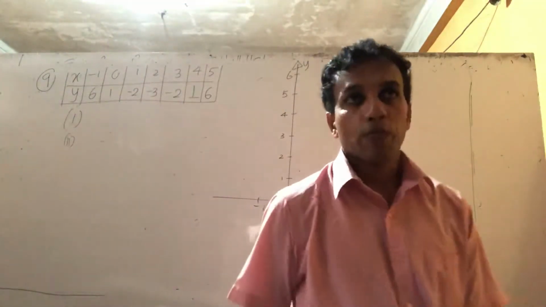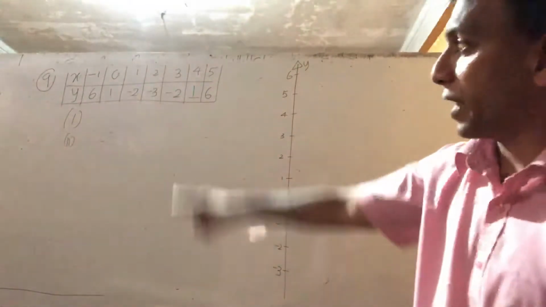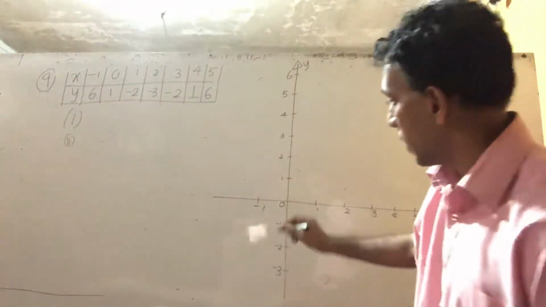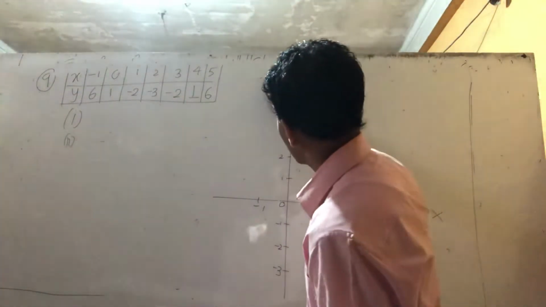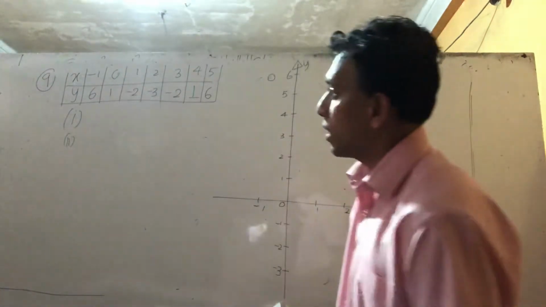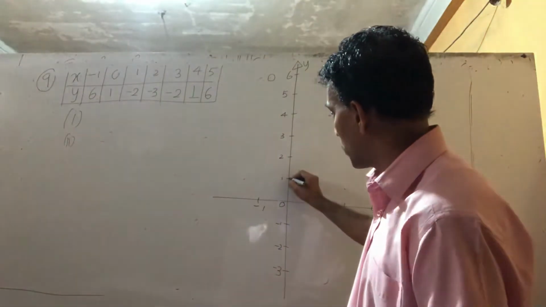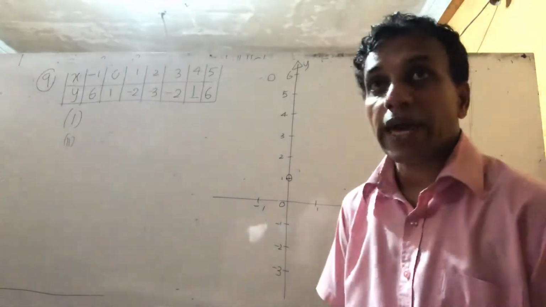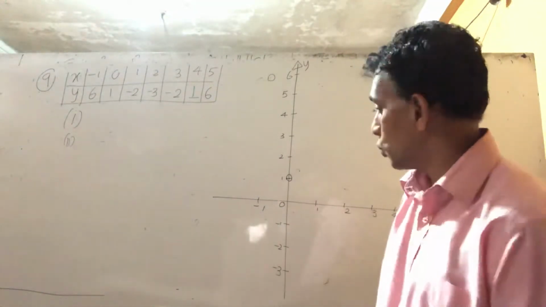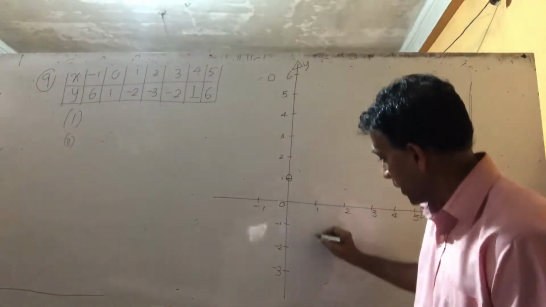Now plot all these pairs of values in x and y. When x is -1, y is 6. X 0, y is 1. X 1, y is -2. X 2, y is -3. X 3, y is -2.